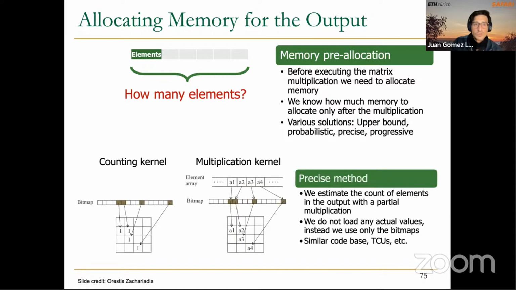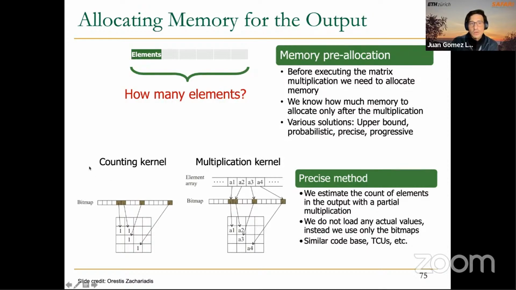But in this sparse work, we prefer a precise method. And in the precise method, what we do is, first of all, counting the number of elements that the output is going to have. And the way of doing this is by using the bitmaps. The good thing is that the bitmaps are smaller than the elements in the matrix, because bitmaps are just composed of bits, zeros or ones. But these bitmaps give us a precise location of the elements in the two input matrices and also in the output matrix as well.